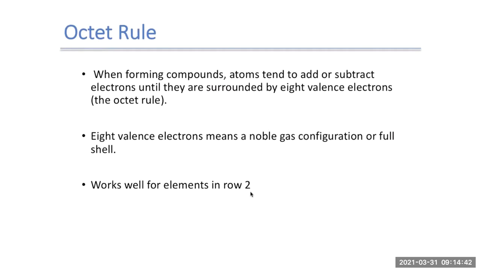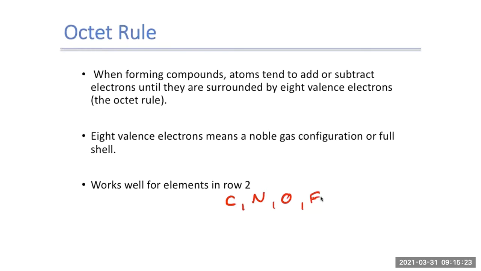Specifically, carbon, nitrogen, oxygen, and fluorine. These 4 atoms here follow the octet rule exactly. They want to get 8 electrons around them, no more, no less. Other atoms we'll see in a minute, but these 4 follow the octet rule exactly. They do not have exceptions for the octet rule.